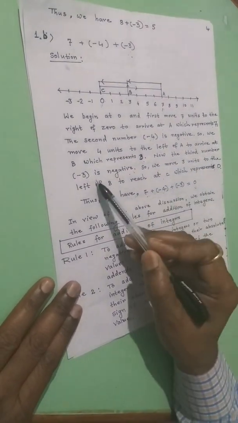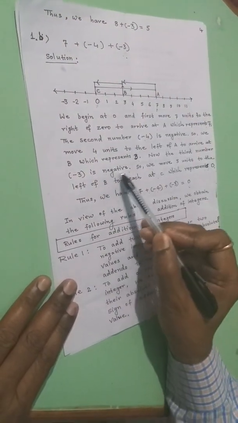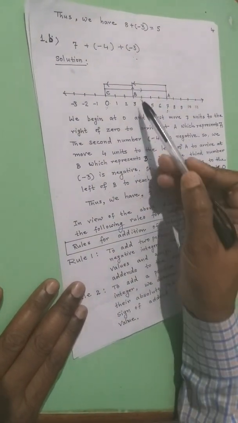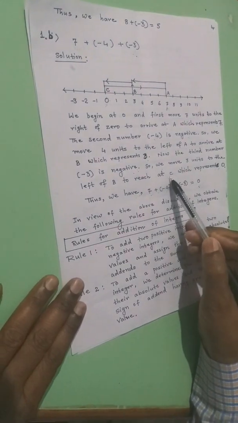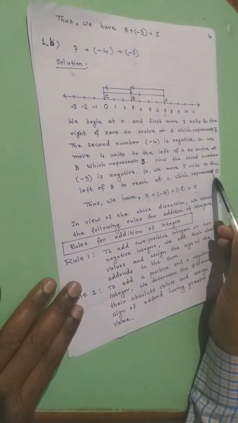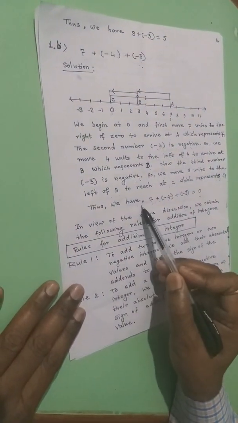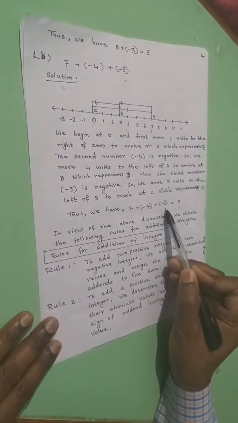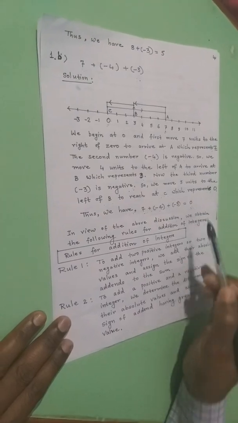Now the third number, minus 3, is negative, so we move 3 units to the left of B to reach C, which represents 0. Thus we have 7 plus negative 4 plus negative 3 is equal to 0.